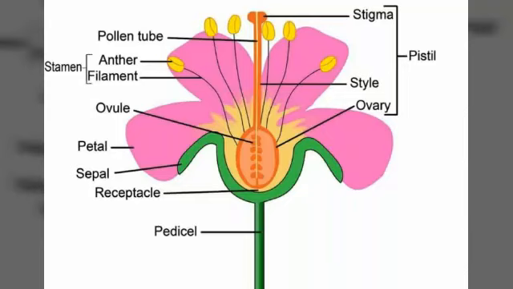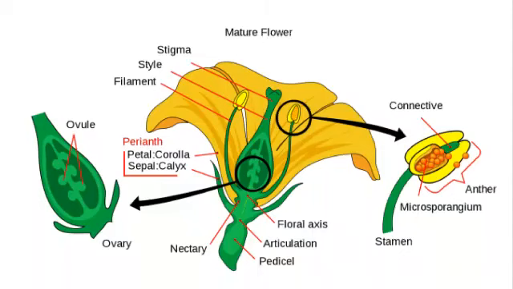What is a flower? Do you know what a flower is? A flower is a reproductive part. Therefore, the root, stem and leaves are not reproductive parts. These are vegetative parts.